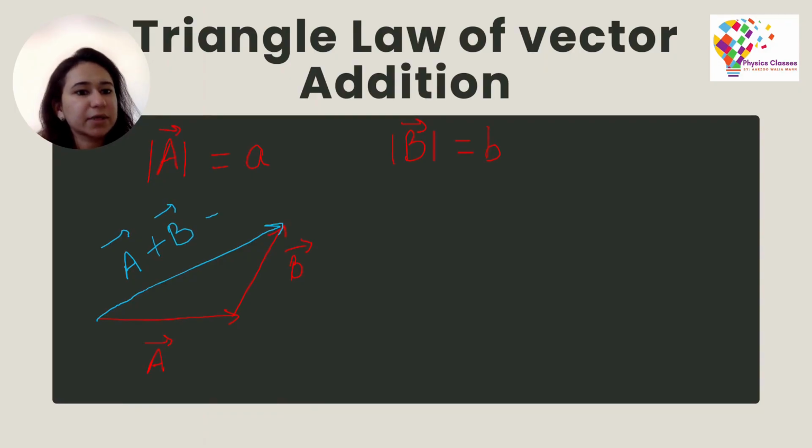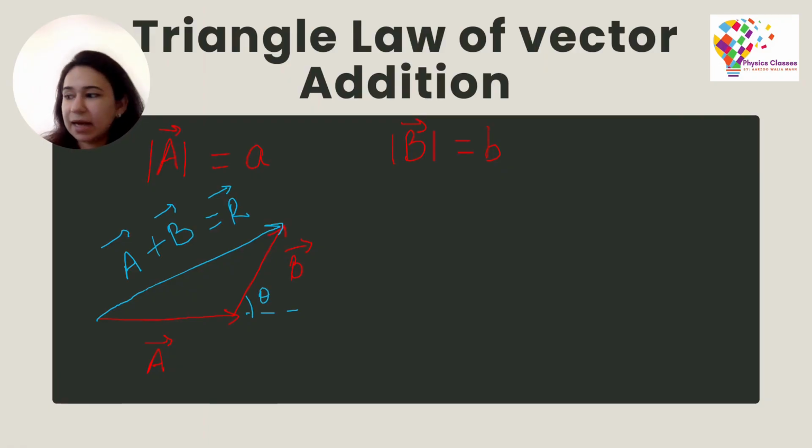Now, keep in mind that A and B make an angle theta with one another, and the resultant vector makes an angle, generally denoted by alpha, with the A vector.